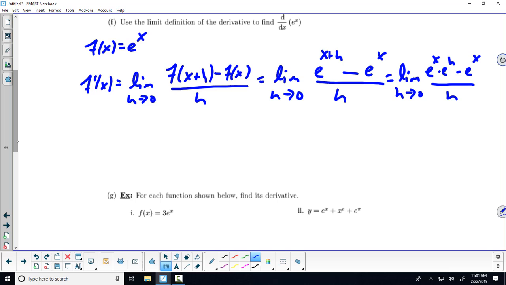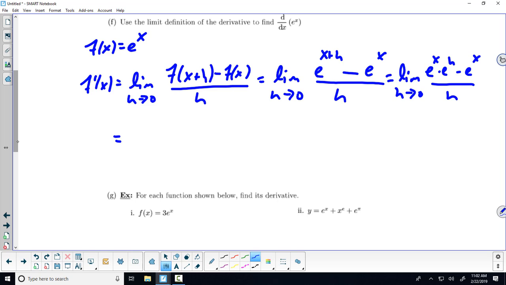Yes, good. So this gives me the limit as h approaches 0 of, oops, hold on, need a little room there. We did this trick once before. What is my limit variable? h. h is the variable that's getting smaller and smaller. e to the x then is constant as far as h is concerned.